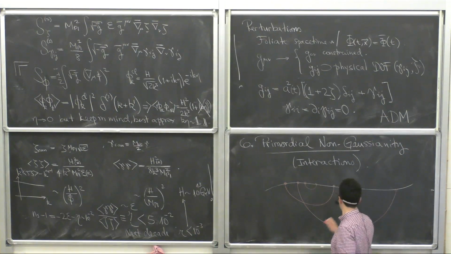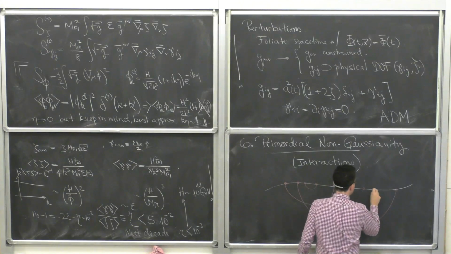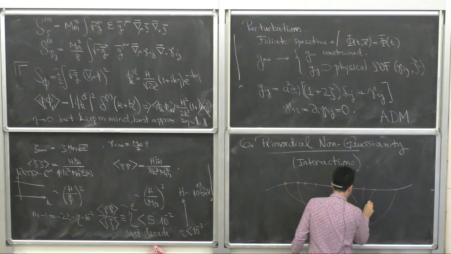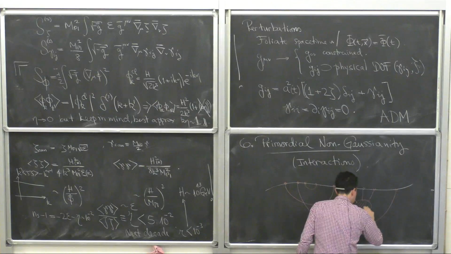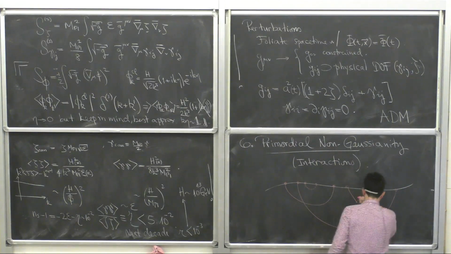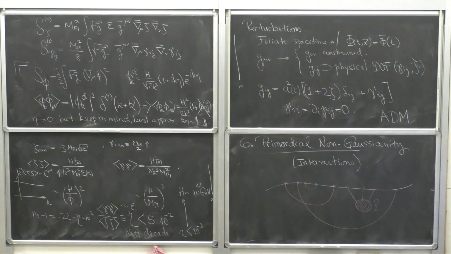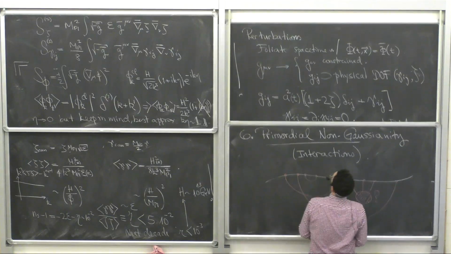What about going beyond? What if I look at now 3 points? What kind of physics story should I tell for what's going on? What gives rise to this 3-point function? So this is what primordial non-Gaussianity is all about. So there are a few obvious possibilities.